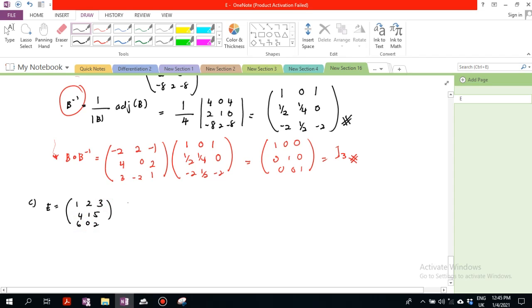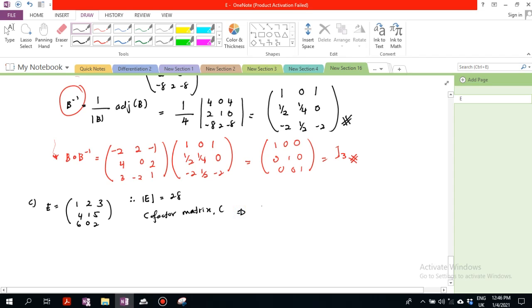So first of all, you need to calculate the determinant. So in here you will get a determinant of 28. Then you need to calculate the cofactor matrix of C. Okay, so try to calculate.